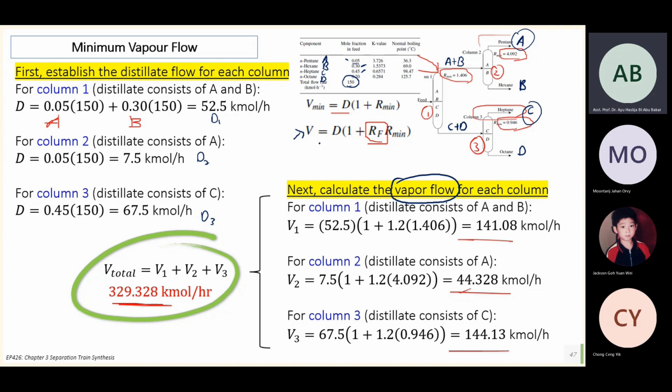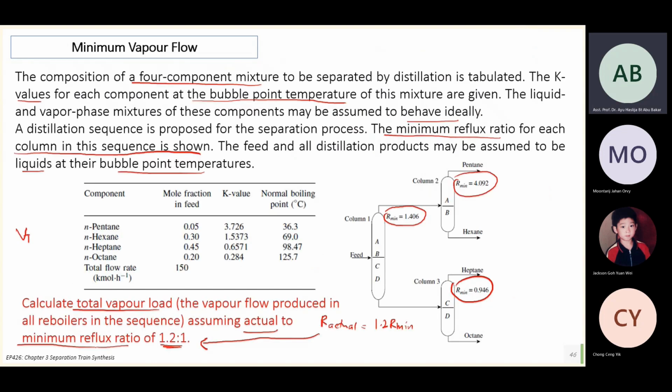Why do you calculate the V, not V min? Because the question asks you to calculate the total vapor load.